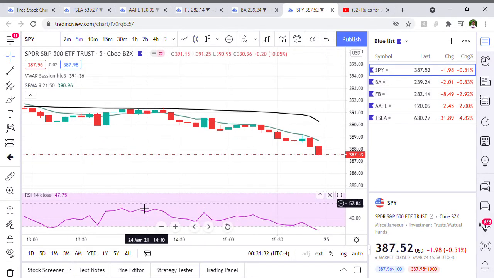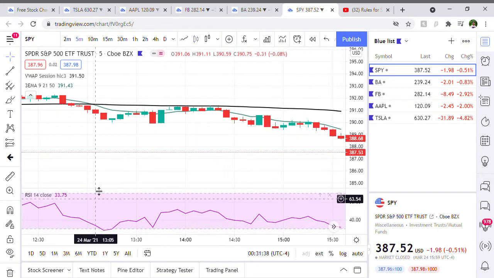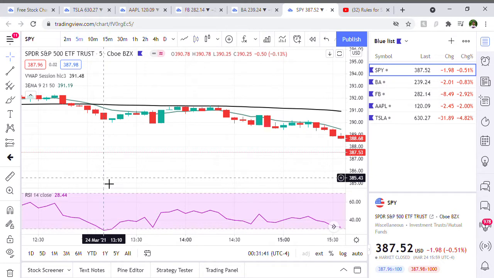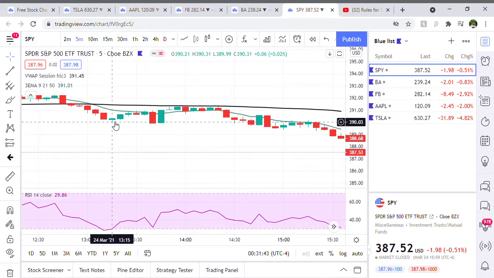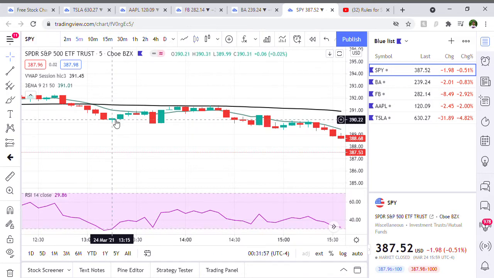Okay, so this is 1 p.m. You can see the time over here. Each candle is 5 minutes. This is my candle, 1:15. What is the low of the candle? You can read from here. The low of the candle is 389.99, so consider it 390. 390 is the low.